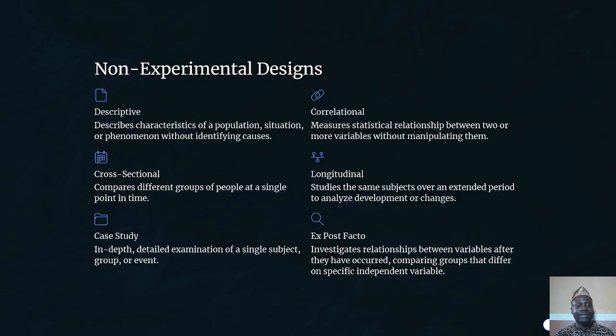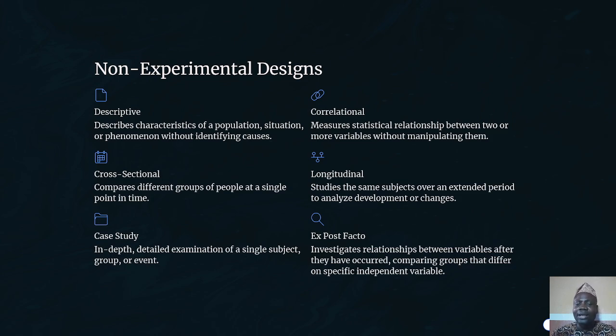One of them is the descriptive, whereby the study is just to describe the characteristics of a population or a phenomenon without identifying causes. We have cross-sectional, which compares different groups of people at a single point in time. We have case study, which is an in-depth detailed examination of a single subject or event.